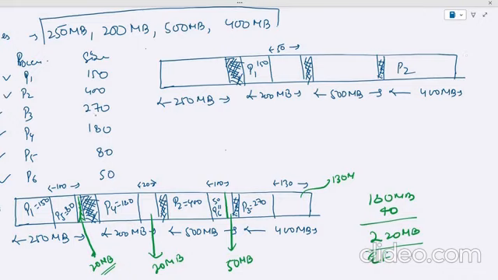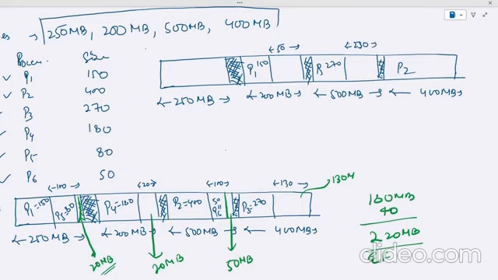P2 is also complete. P3 needs 270. The first block is 250, definitely we cannot add this process here. 50, not able to add. Only 500 has space, and if only one space is available, we have to provide it to that process. So 270 is filled here, and the space left is 230.